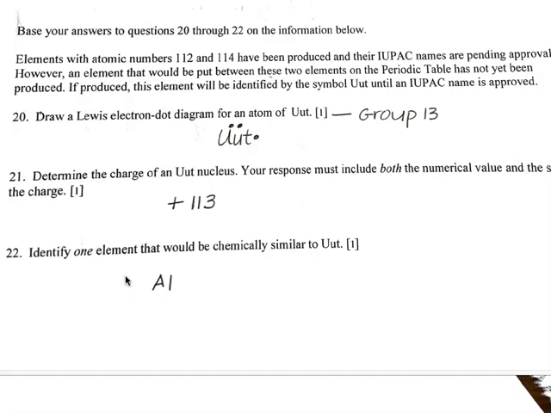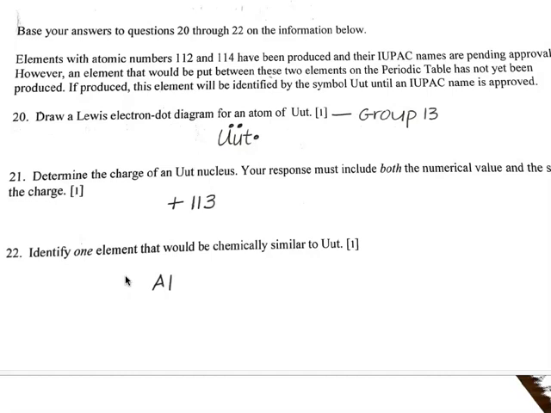So, if we were to draw the Lewis structure, that means that the element would be 113. If you look at your periodic table, this falls in group 13.